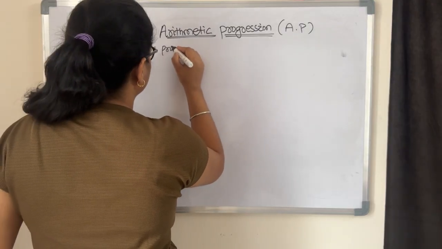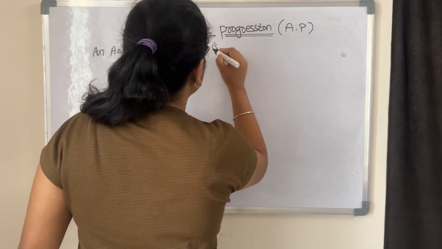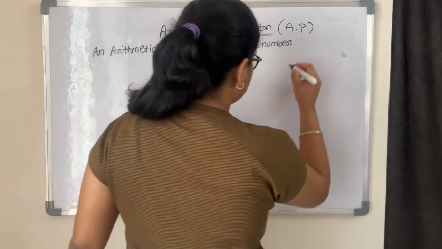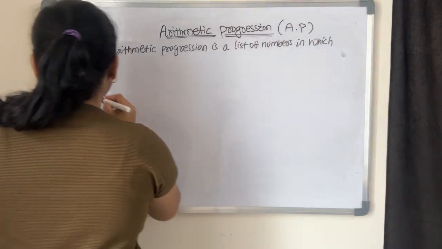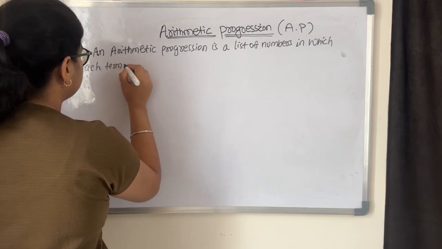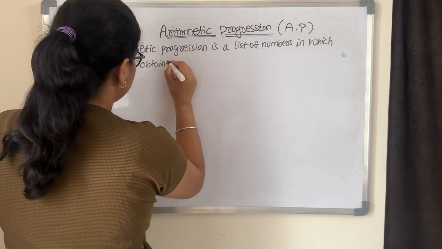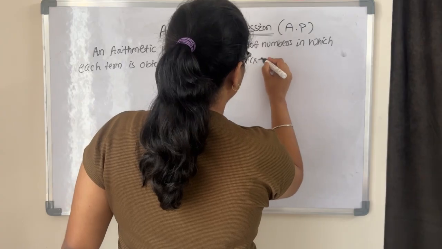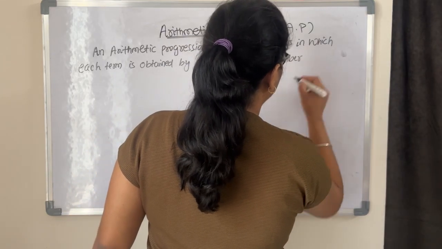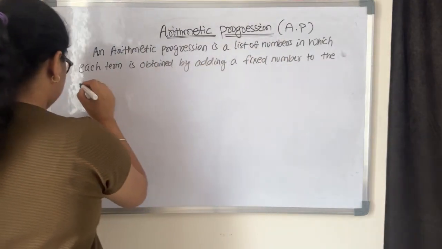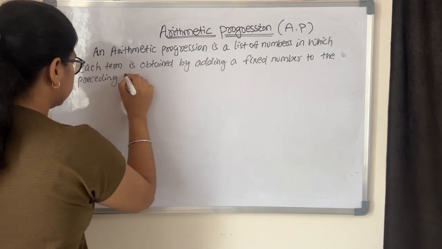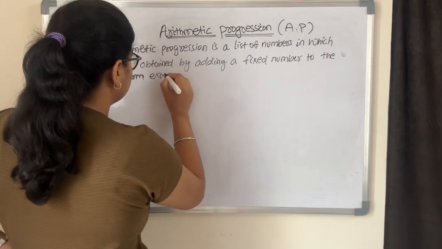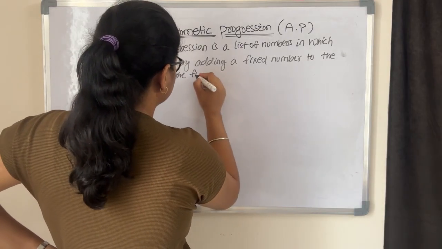An arithmetic progression is a list of numbers in which each term is obtained by adding a fixed number to the preceding term except the first term.